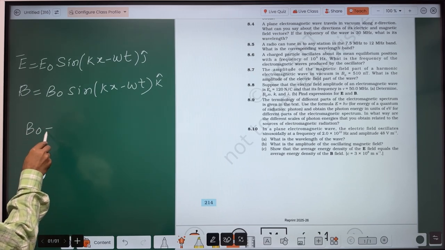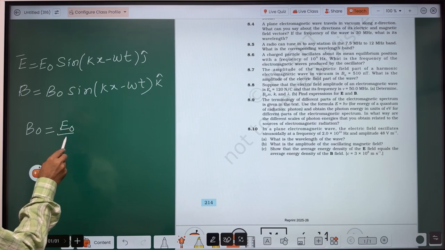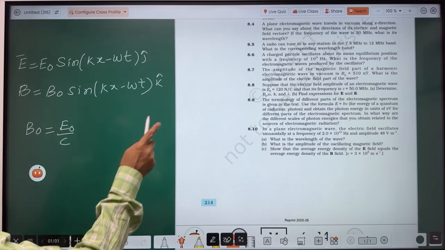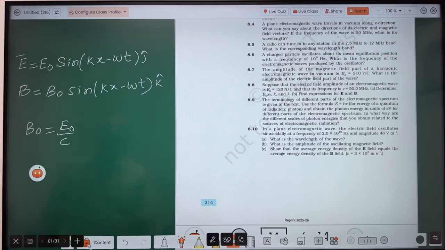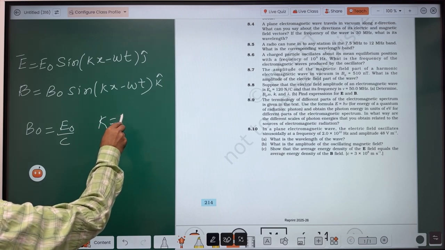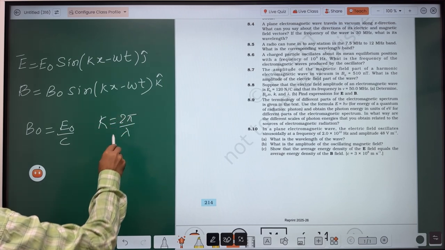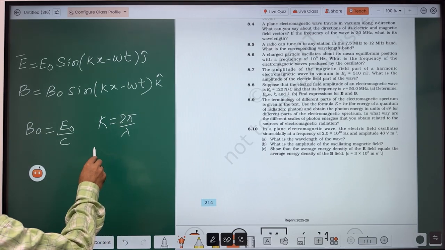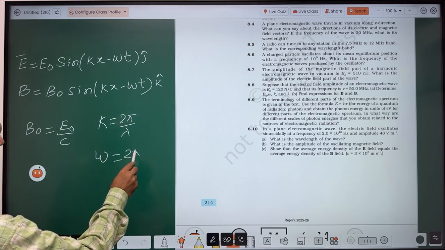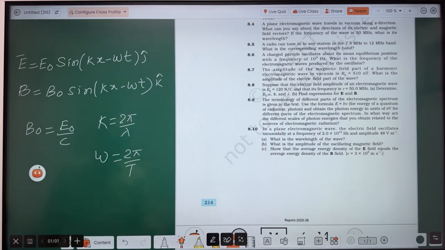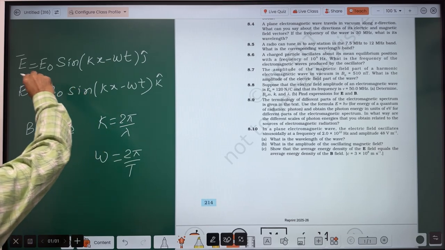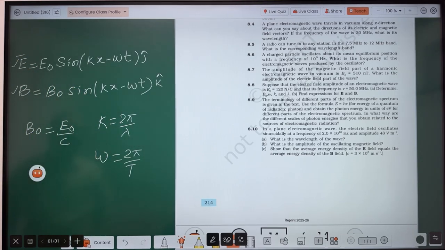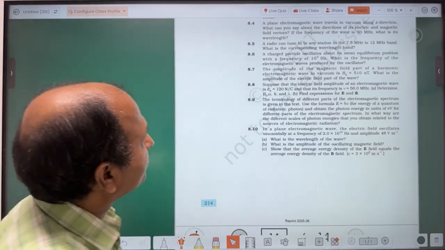Where B0 we have already evaluated as E0 divided by C, and E0 is this much. K, as I have told you, is 2 pi by lambda. We can easily evaluate it, and we have already evaluated it. Omega is 2 pi by T, where 1 upon T equals frequency, and then we can put these values. So these will be the expressions. Now let's see the next question.